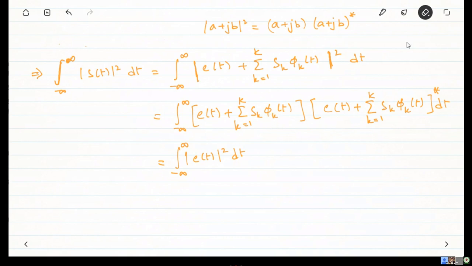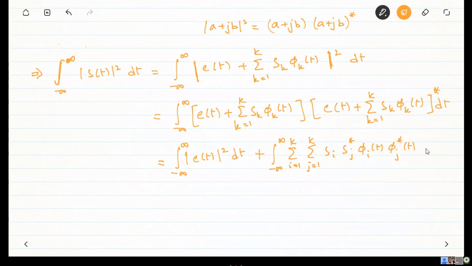And then this multiplied by this will be the second signal, plus the integral from minus infinity to plus infinity. How should we write this? The double summation, i equal to 1 to capital K, j equal to 1 to capital K, si sj conjugate phi i of t, phi j conjugate of t dt.